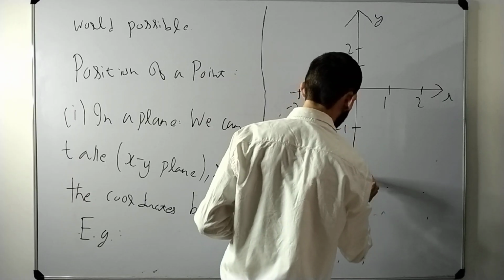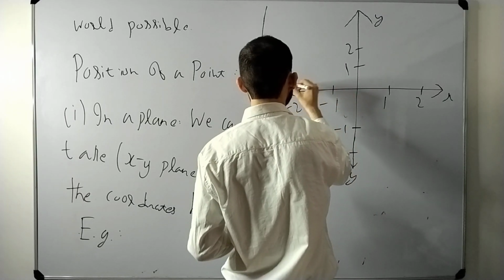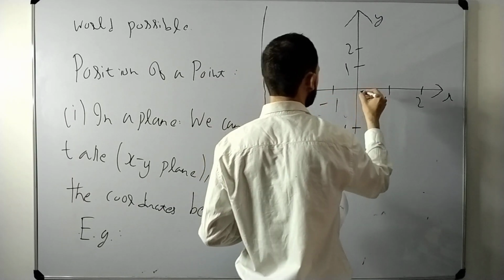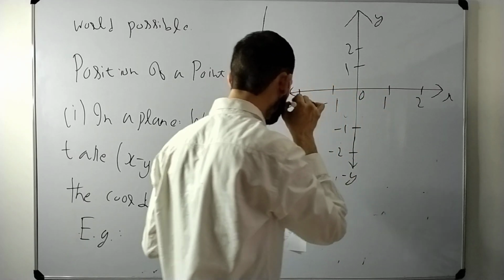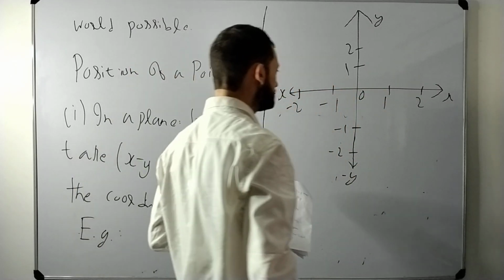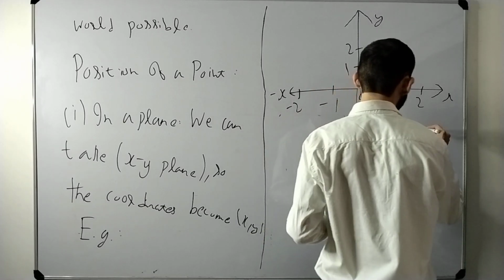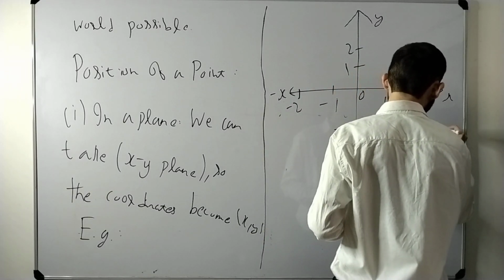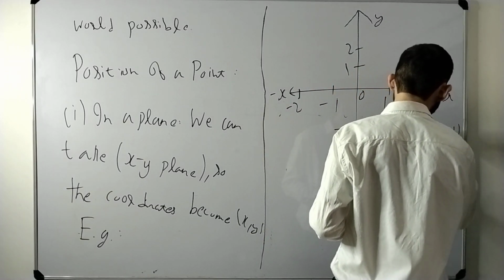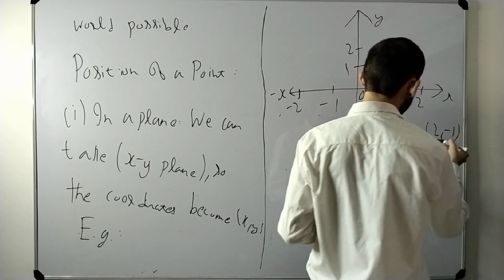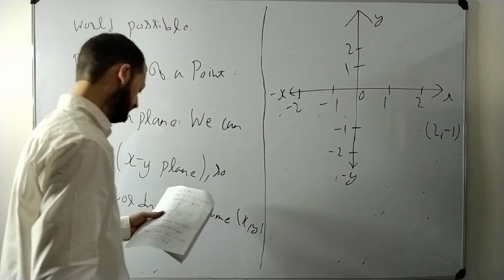So this happens to be minus y, of course, this happens to be minus x, and this happens to be origin. So the thing is, consider a point here, a reference point. So this is 2, minus 1. So this is how you would write x and y coordinates.